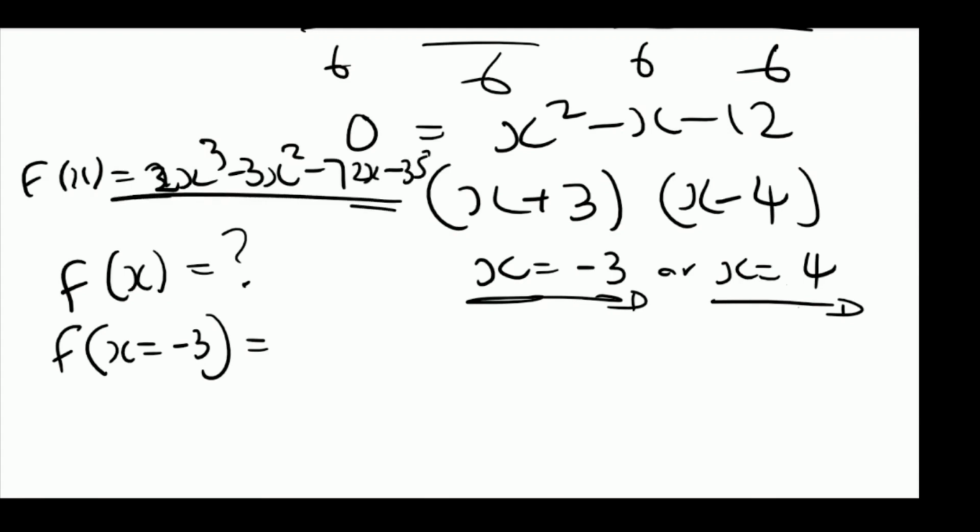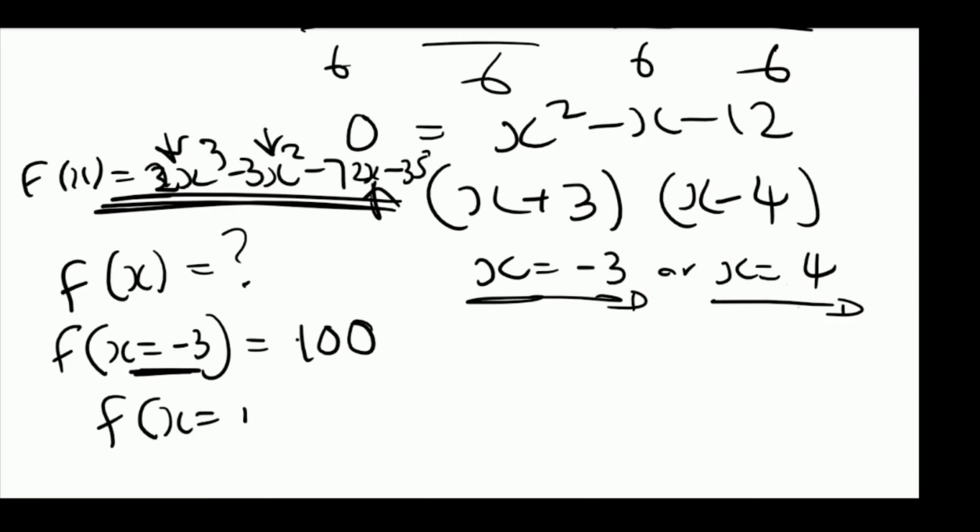You're going to substitute your value of x here, here, and there, right? And you should find 100 if you substitute x being equal to minus 3. If you substitute x equal to 4, you should find minus 243, right? So these are our coordinates of the turning points.